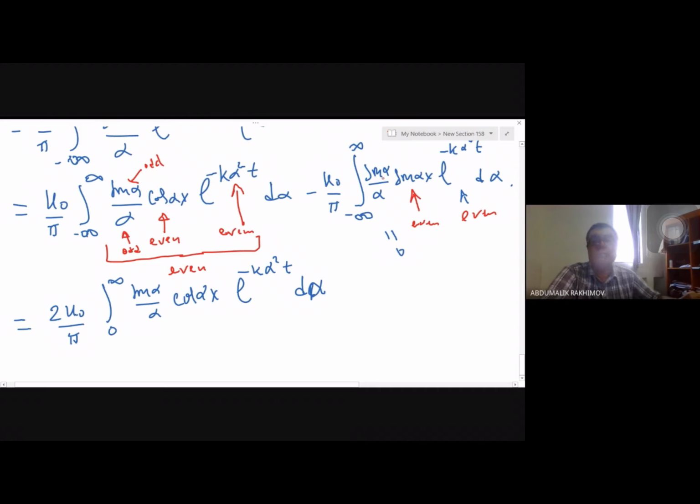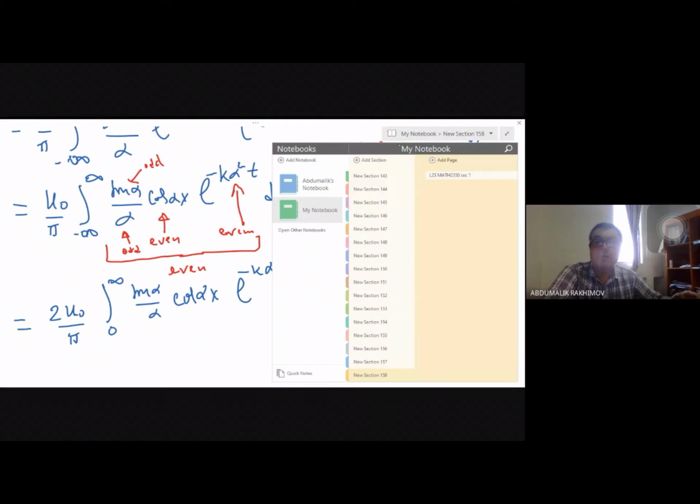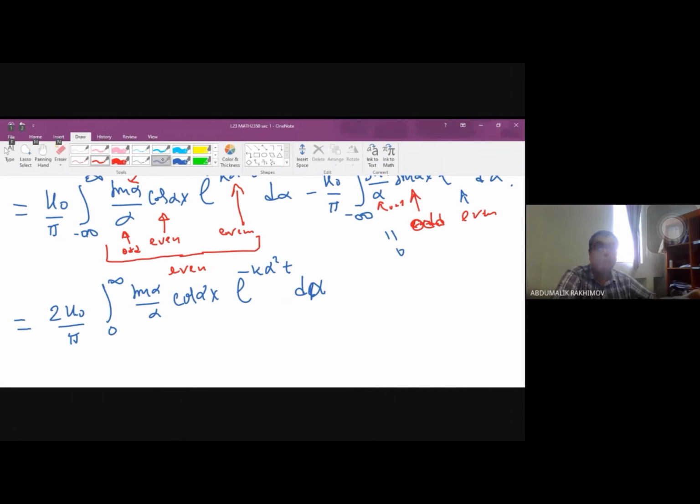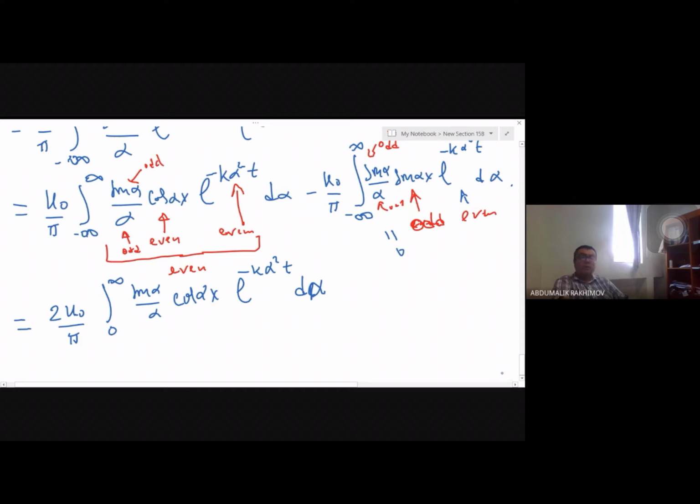And this sine is odd, this sine is also odd, and alpha also odd. I have product and division of three odd functions, then it will be odd times even is odd. So this is 0. So integral by symmetric domain from odd function is 0. So result will be just this one. We will leave answer. Okay, any questions?